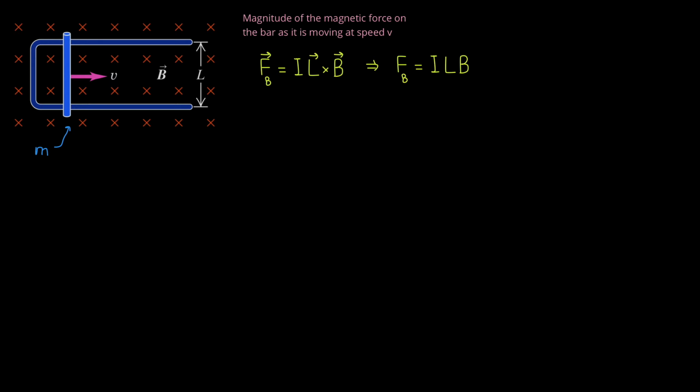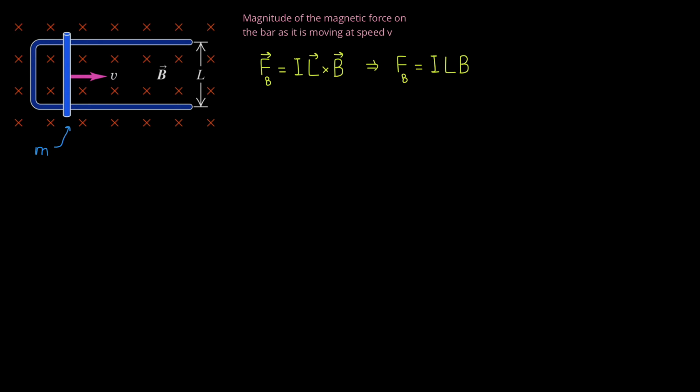Therefore, the magnitude of L cross B is simply equal to L times B, the magnitude of vector L times the magnitude of vector B. So this cross product formula, if we're only interested in the magnitude of the magnetic force, reduces to I times L times B. So this will give us the magnitude of the force acting on the bar, which is what we're looking for.